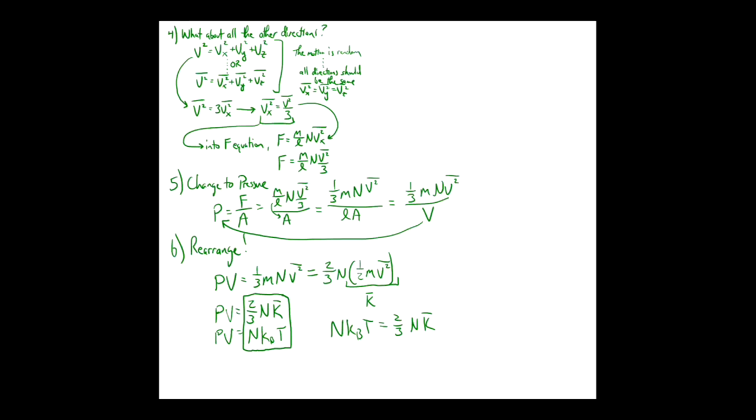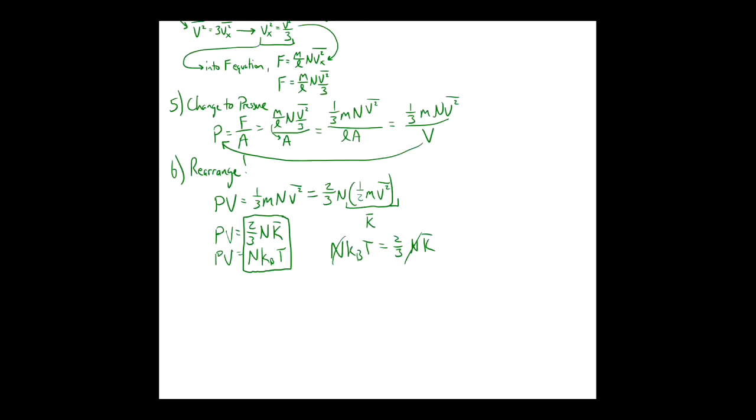The N's cancel out, and we're left with what? We've just got k sub B, the Boltzmann constant, times the temperature is equal to 2/3 times the average kinetic energy. Let's solve that for kinetic energy. So kinetic energy on average is 3/2 Boltzmann constant times temperature.